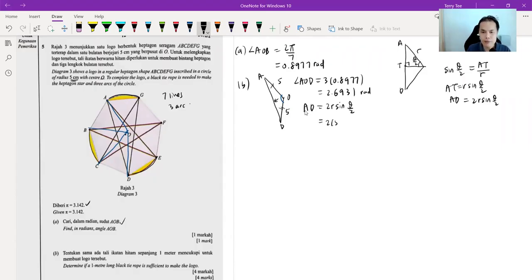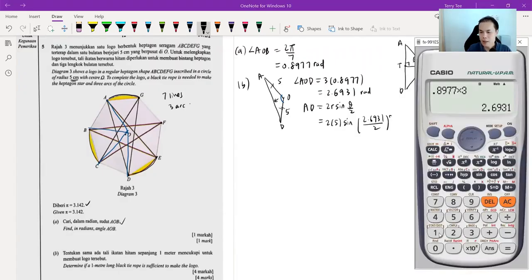Your radius is 5. Your theta is 2.6931. I divide by 2. This is how it works. 2 times 5 is 10. But be careful, your calculator must be in radian mode because this angle is in radian. So you press shift mode, change to radian.